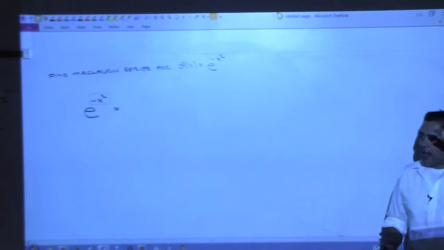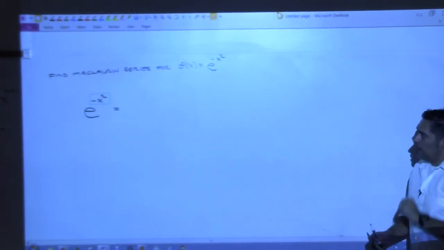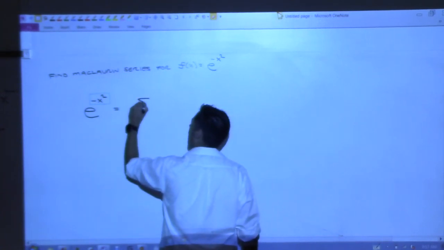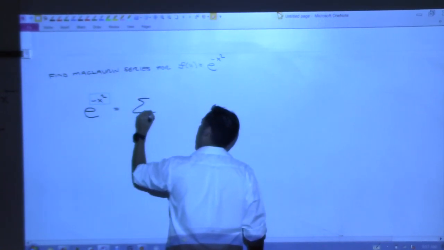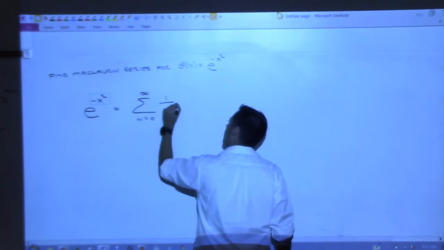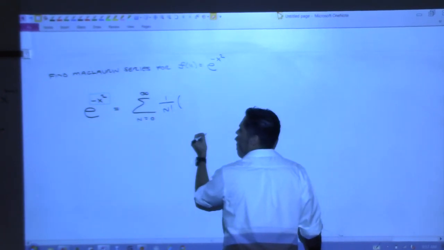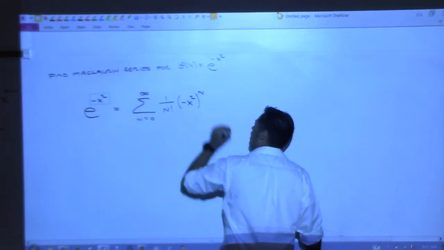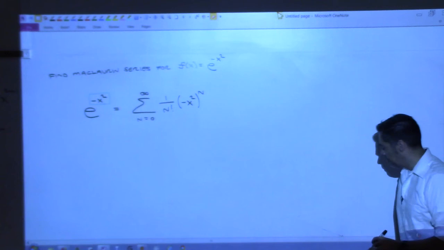Just like I did e to the i pi a second ago. According to this, this should be sum n equals 0 to infinity of 1 over n factorial, and not x to the n, what? Negative x squared to the n. Right?